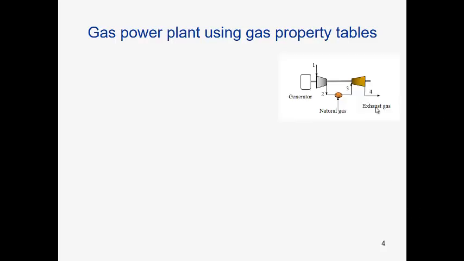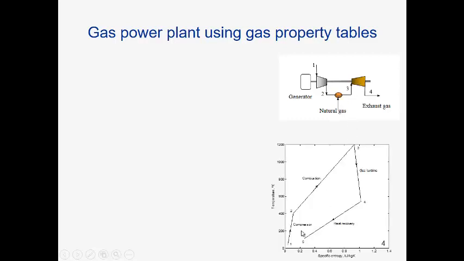Basically there are three components in a gas power plant, that's a Brayton cycle. They are air compressor, combustion chamber, and gas turbine. In compressor, the process is adiabatic compression where entropy increases even though there is no heat transfer because of the internal dissipative effects.